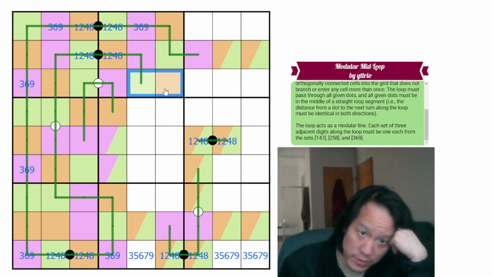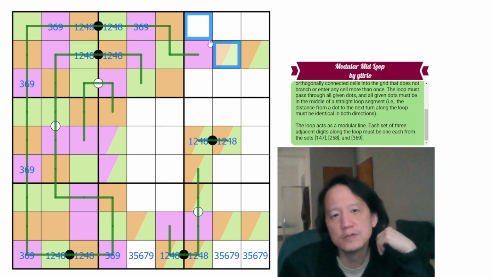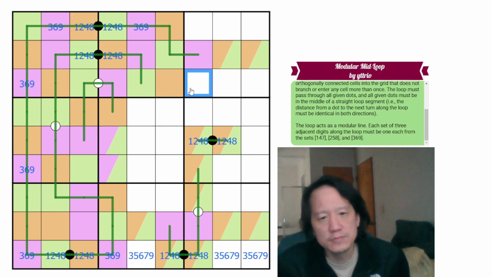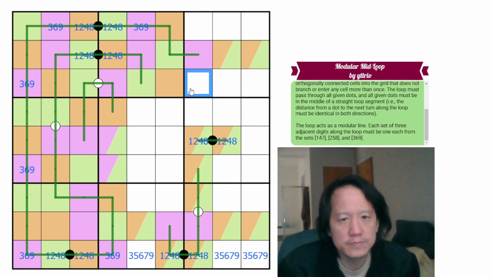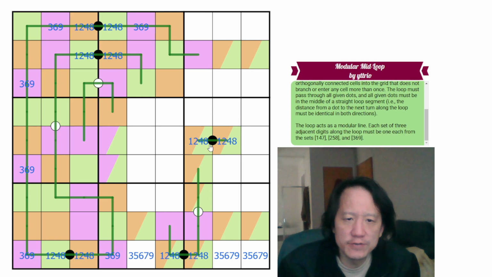What about... Okay, so this could be going orange that way. There's another orange, so either one of these three could be orange. Okay, what happens if this goes this way specifically? Then this has to be pink. I guess it could just connect to here, huh?